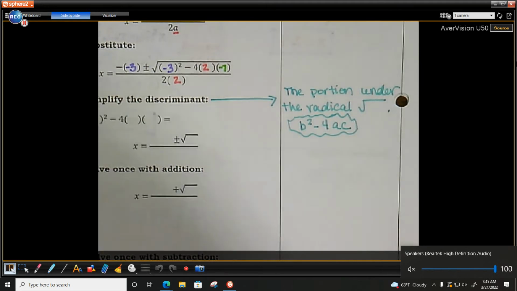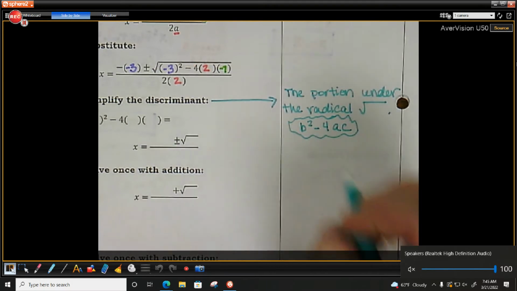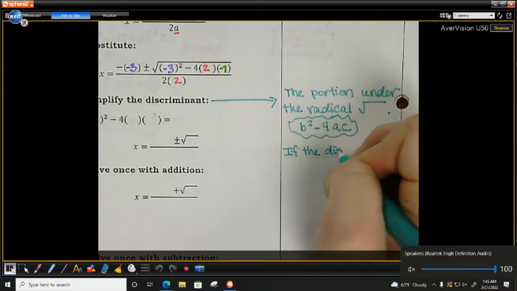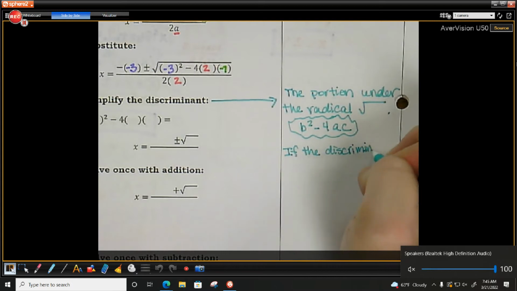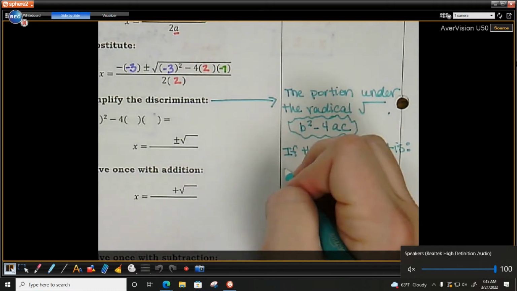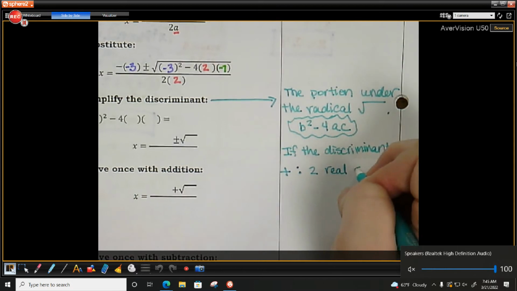Now, the discriminant does help you figure out stuff. Because sometimes it might just ask, is there one solution, 2 solutions, or no real solutions? You don't have to solve the whole entire problem to figure that out. You can just use the discriminant. If the discriminant is positive, then you have 2 real solutions.